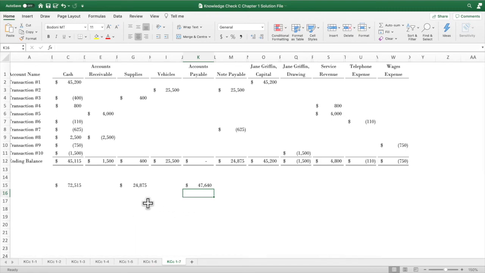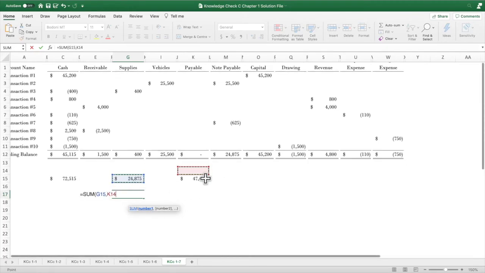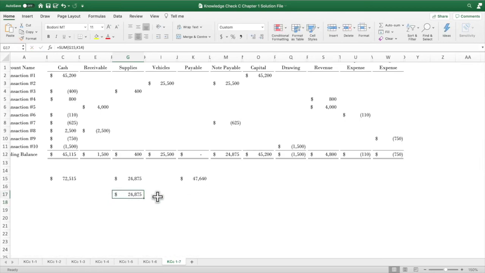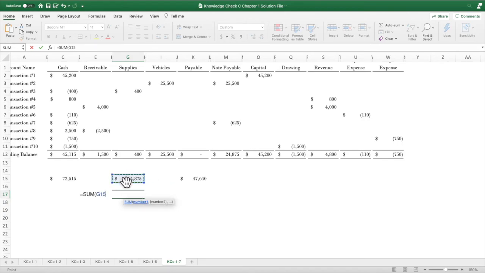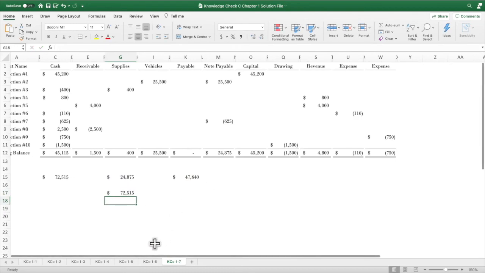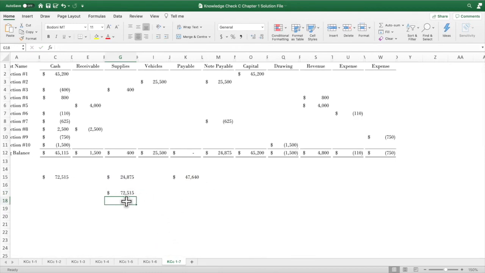So now if we add these two together, we have equals sum of this and this. And we have $72,515. So our basic accounting equation is in balance. Our assets equal our liabilities plus our owner's equity.